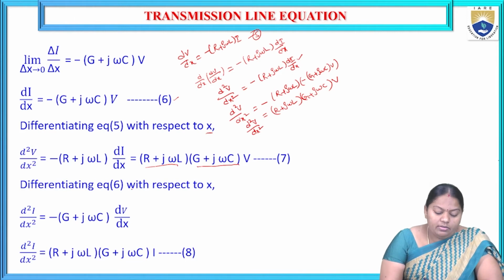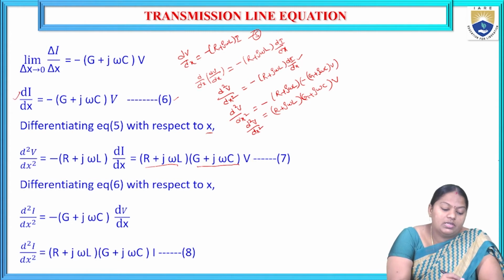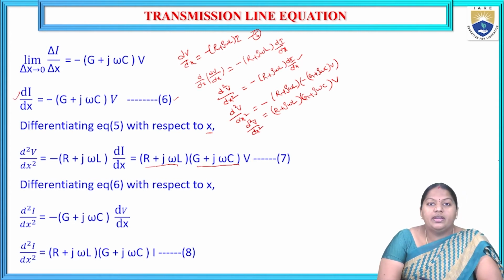Now differentiating equation number 6 with respect to x. Previously we considered equation number 5 and differentiated it with respect to x, and got d square v by dx square equal to this equation. Similarly, consider equation number 6, let it be di by dx equal to minus of g plus j omega C into v.